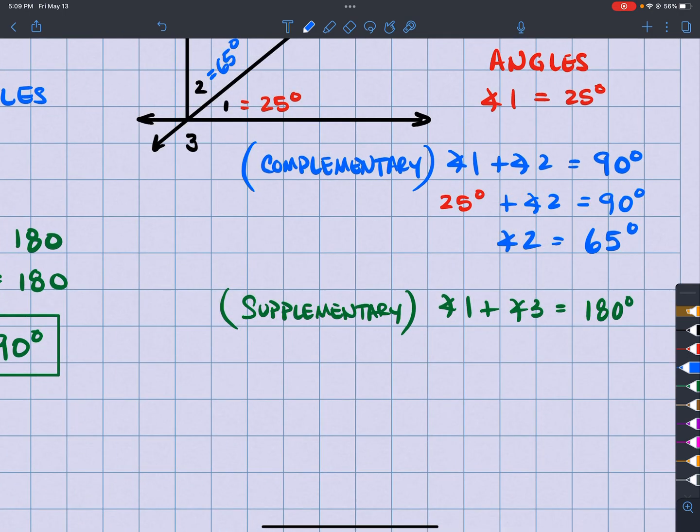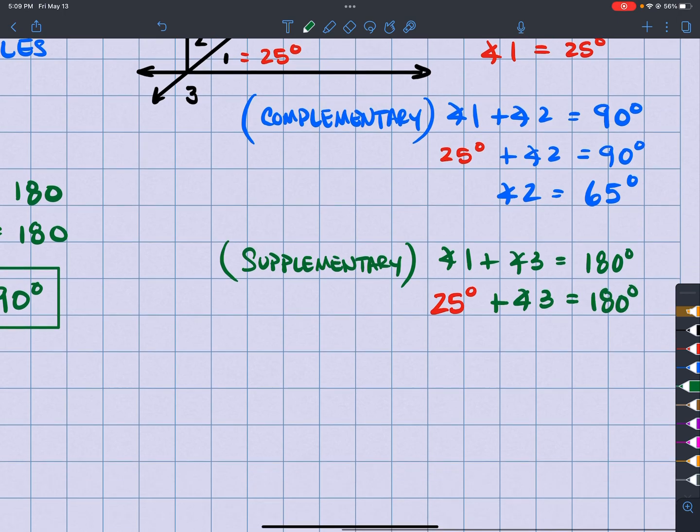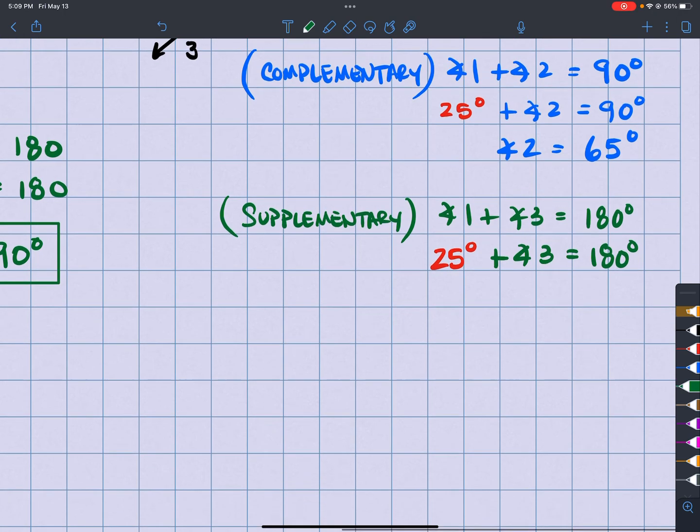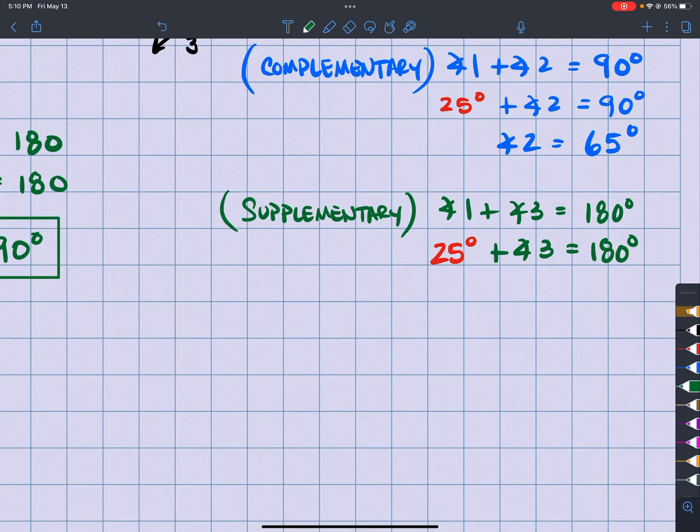This is 180. Well, guess what, guys? We have angle 1 to be 25 degrees plus angle 3 is going to equal 180 degrees. What's angle 3 going to be? So I have to subtract that 25 over, right? So that's going to give me that angle 3 is going to be 155 degrees.